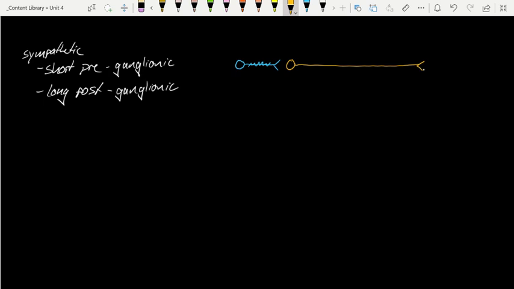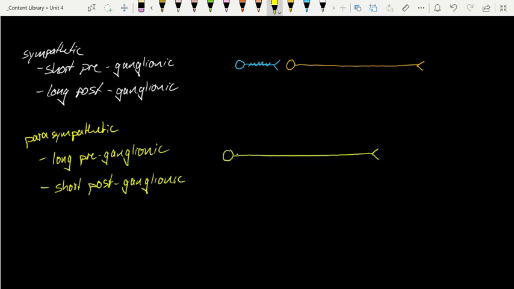Now let's look at the parasympathetic. Typically just the opposite, a long preganglionic with a short postganglionic. Like the sympathetic system, the preganglionic is myelinated, whereas the postganglionic is not. Now, for this parasympathetic system, let's label quickly the neurotransmitters. This is acetylcholine, acting on N2 nicotinic ionotropic channels.